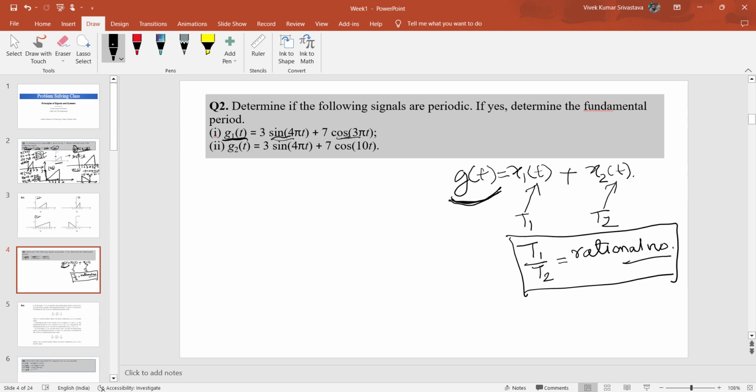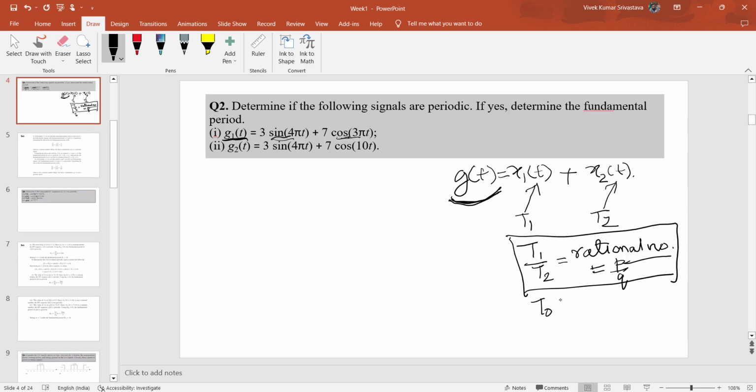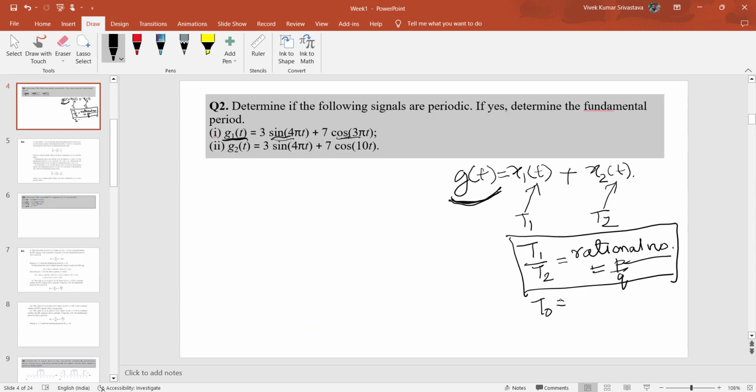A rational number is defined as a number which can be represented in the form p by q. If it follows this form, then it is a periodic signal, and we can find the fundamental time period of g(t) as the LCM of T1 and T2.